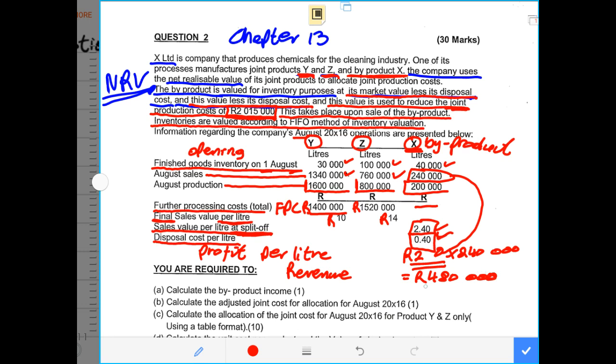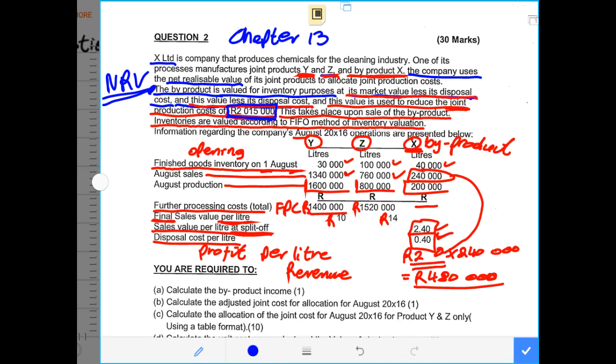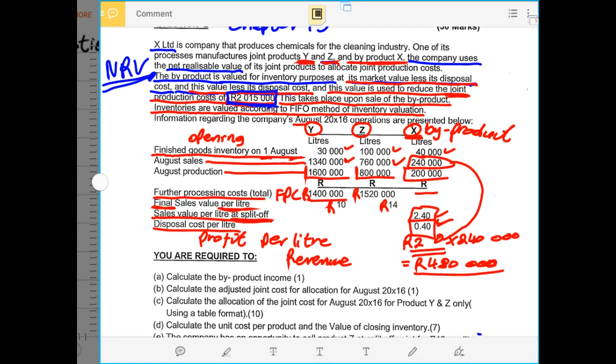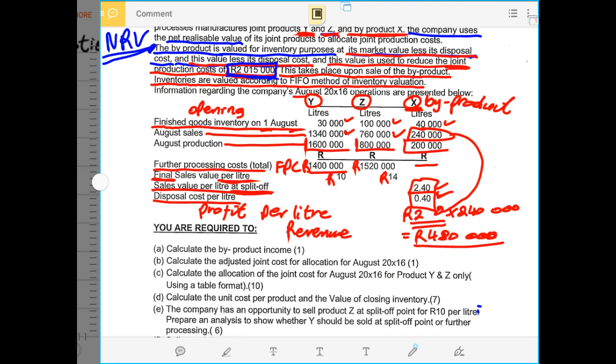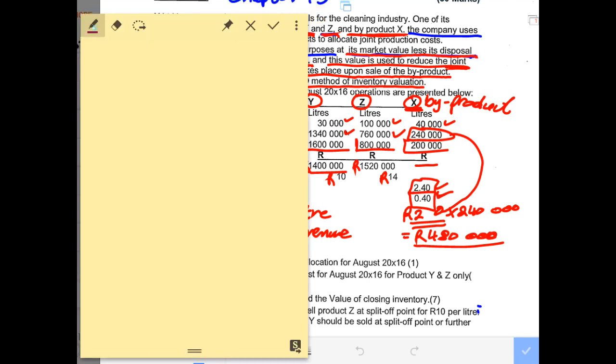So this is the amount that will be used to reduce our joint cost of 2,015,000 rands. So now we have to calculate our adjusted joint cost.